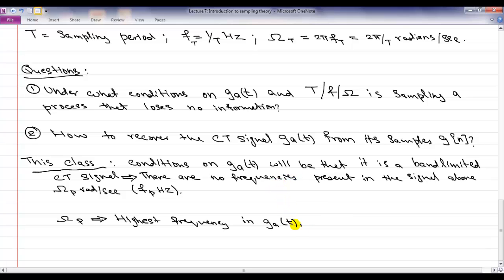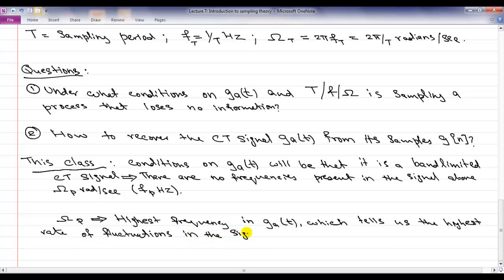The highest frequency in g_a(t) tells us effectively the highest rate of fluctuations in the signal. Again, you can be given that in either radians per second or hertz.